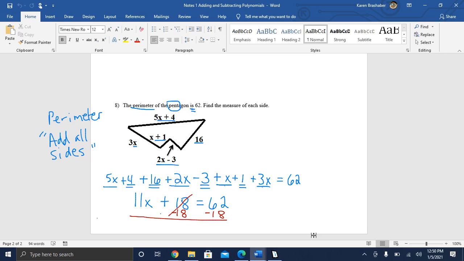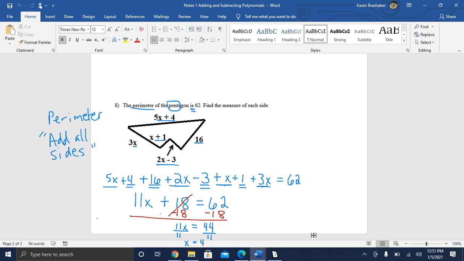So now we have 11x equals, and then 62 minus 18 would be 44. And then to solve that, we have 11 times x. So we'll need to divide both sides by 11. And that will give us x equals 4.